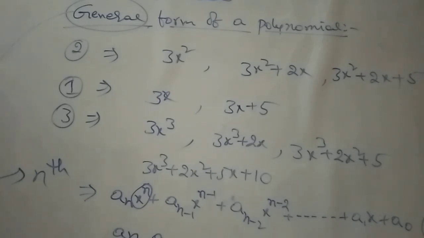The last subtopic in this class is types of polynomials according to the number of terms. Previously we discussed types of polynomials according to degree. Now we will discuss types according to the terms.